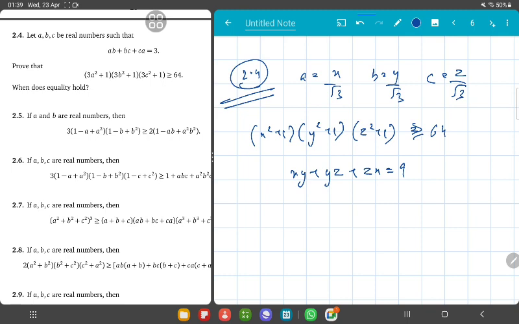So what we can do is apply the Cauchy-Schwarz inequality.